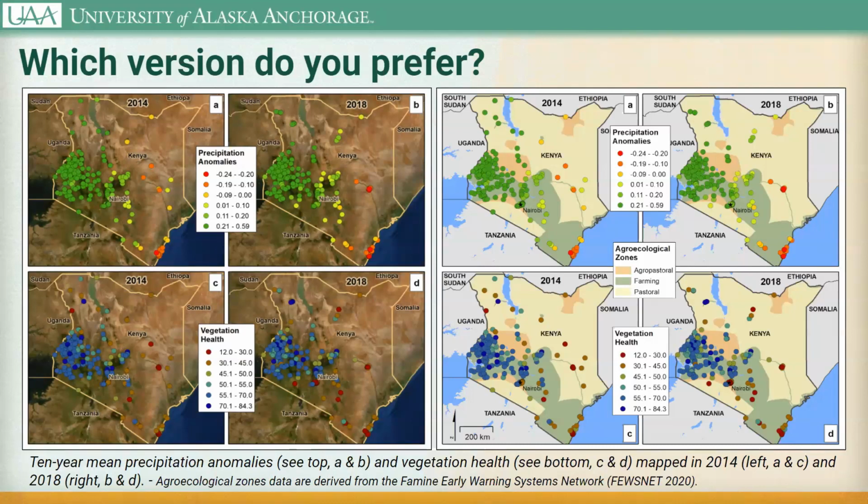Because there's got to be a message behind this data, right? We're meant to look at a comparison between 2014 and 2018 and understand it. And we're also meant to look at a difference between precipitation anomalies and the spatial representation of vegetation health and draw some conclusions between those. So I'd like to hear a little bit from you guys after you've had a chance to absorb these maps.